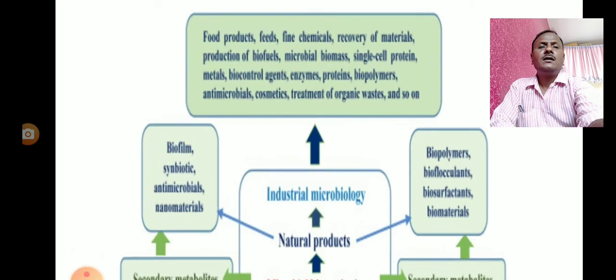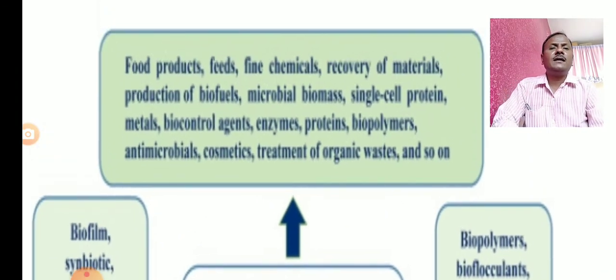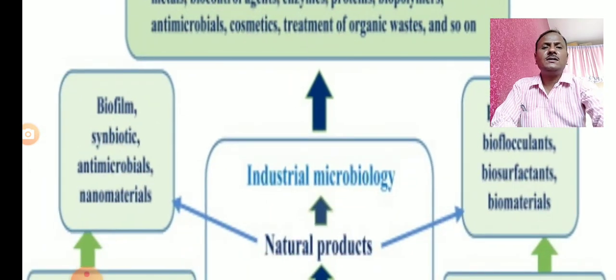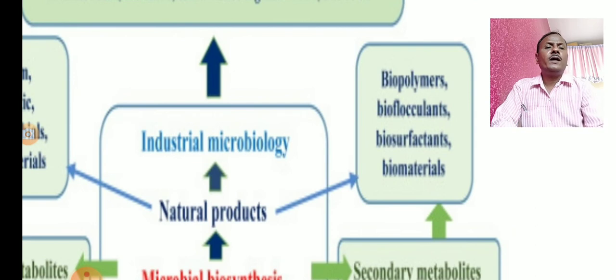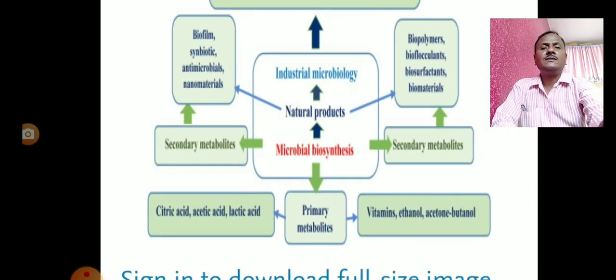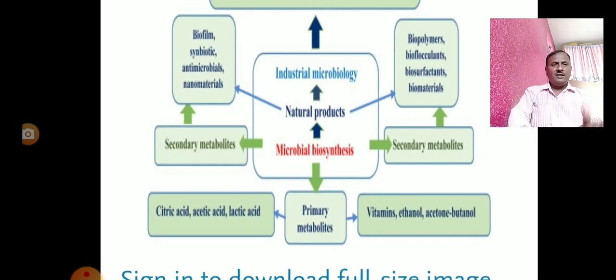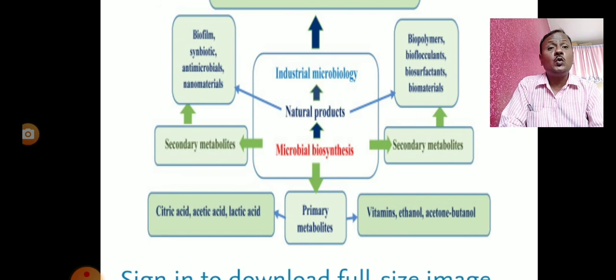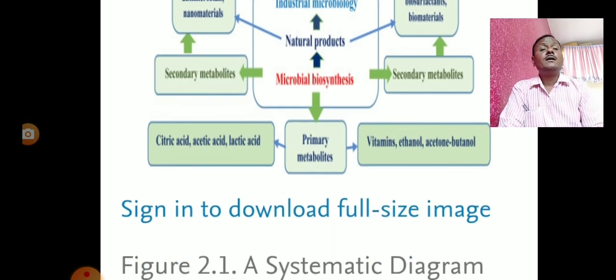Apart from that, nowadays biodiesels, biofuels, and feed, and also biopolymers, bioflocculants, and biosurfactants, we can produce by microorganisms. So this is all about the definition and scope of industrial microbiology. This is just an introduction.